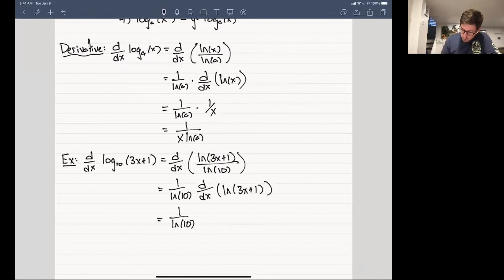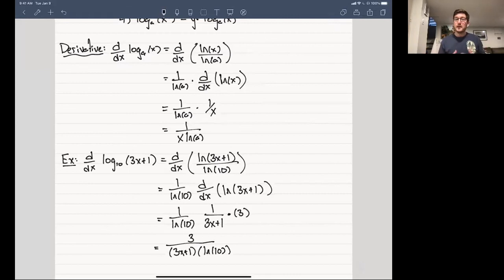So you take the outer derivative, 1 over x, and compose it with the inner function, 1 over 3x plus 1, multiplied by the derivative of the inner function, which is 3. And so now let's put it all together: 3 divided by 3x plus 1 times ln of 10. It's not pretty, but that's as good as it's going to get. That's what the derivative is.